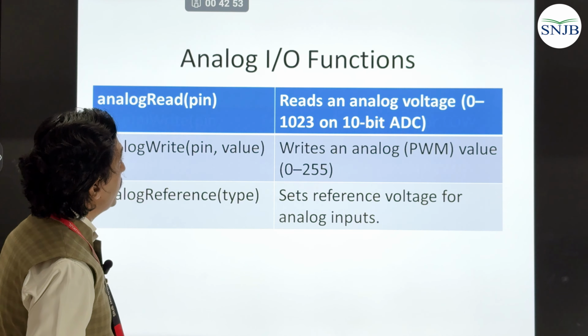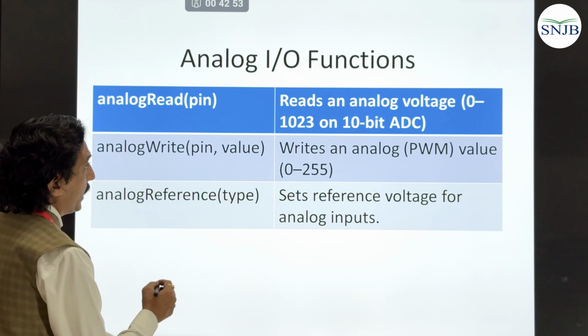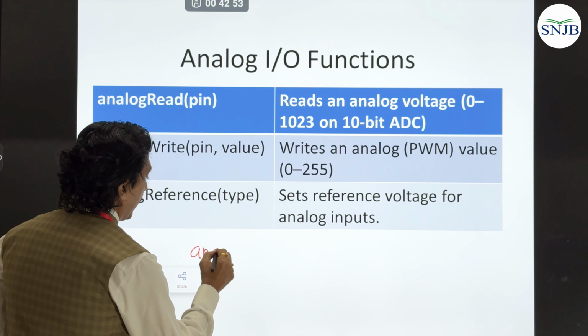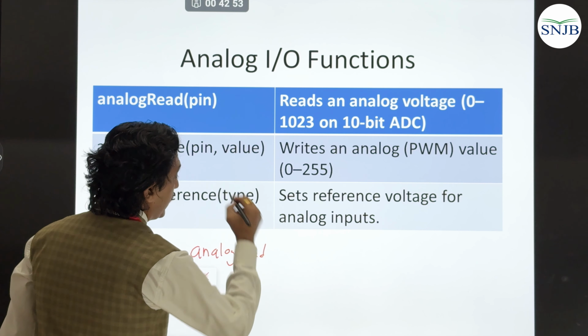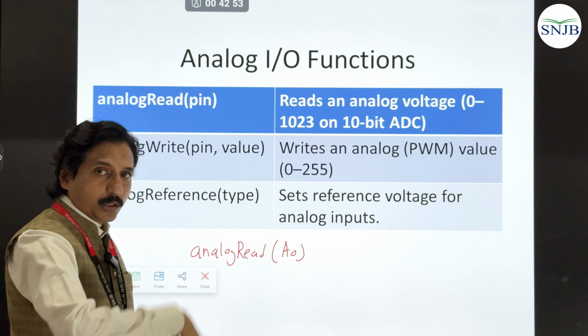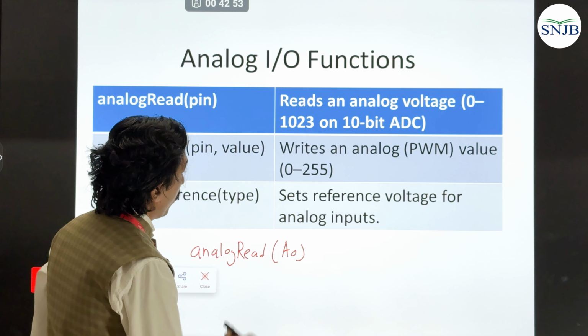Now next are the analog input output functions. In these, analogRead is there. We are reading an analog pin, for example A0, A1, A2, A3. There are 14 analog pins on the Arduino board.